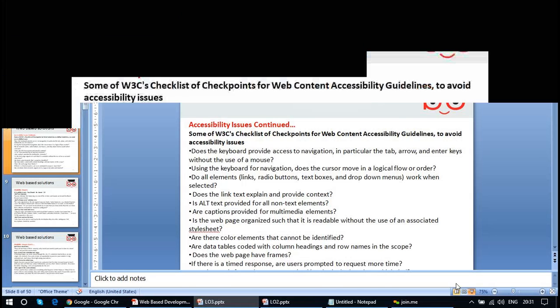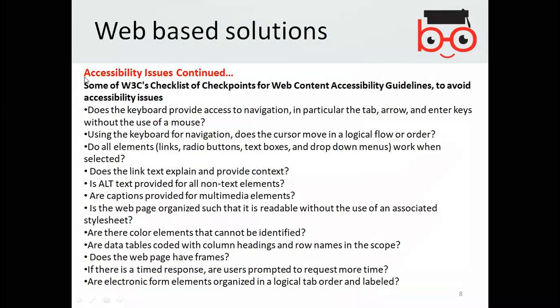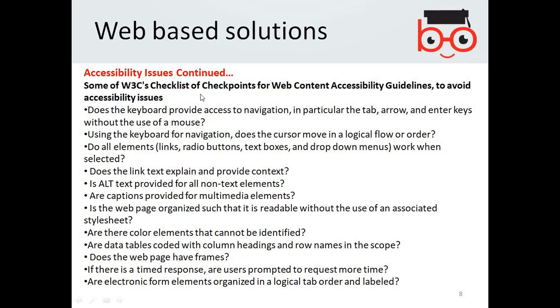Then, regarding the accessibility issues, some of the W3C checklist. W3C is the World Wide Web Consortium, and this is its checklist of checkpoints from the Web Content Accessibility Guidelines to avoid accessibility issues. They ask: does the keyboard provide access to navigation, in particular the tab, arrow, and enter keys, without the use of the mouse?